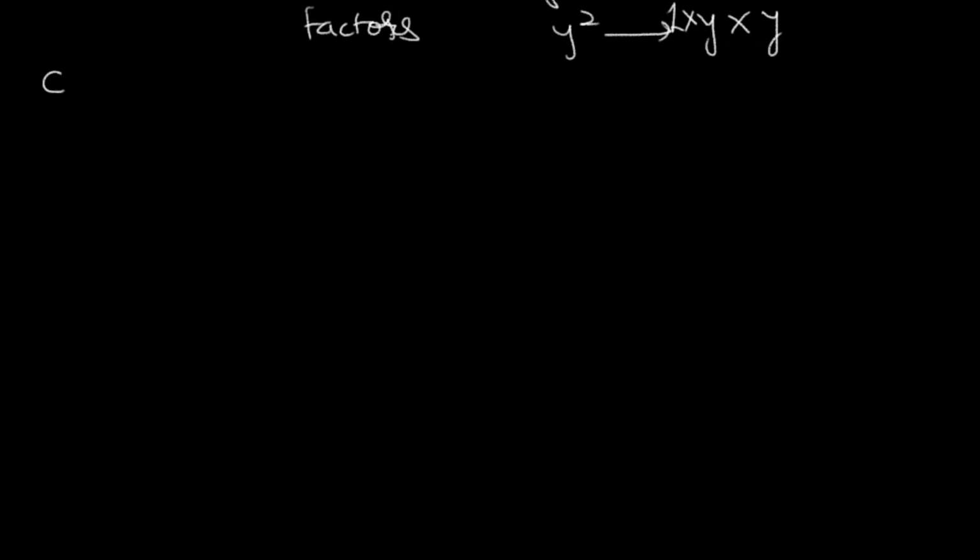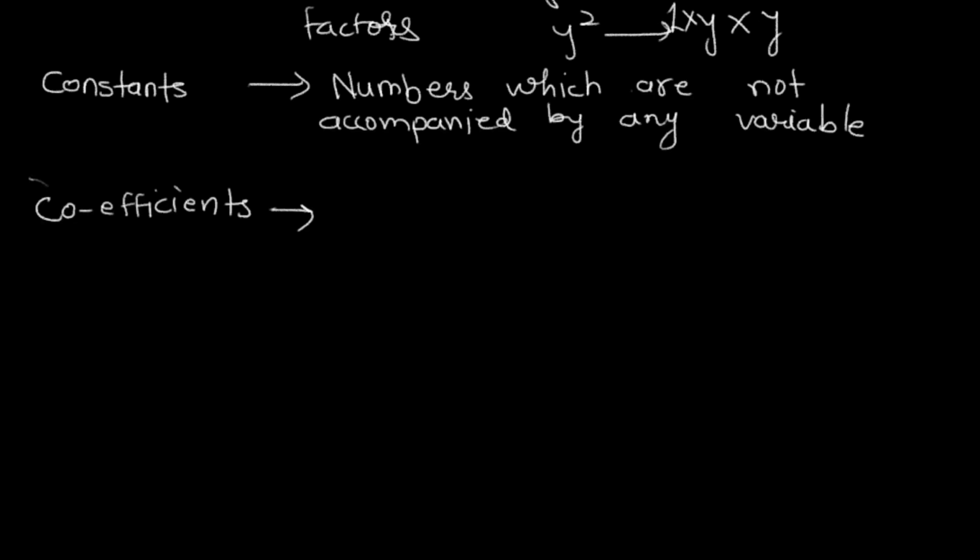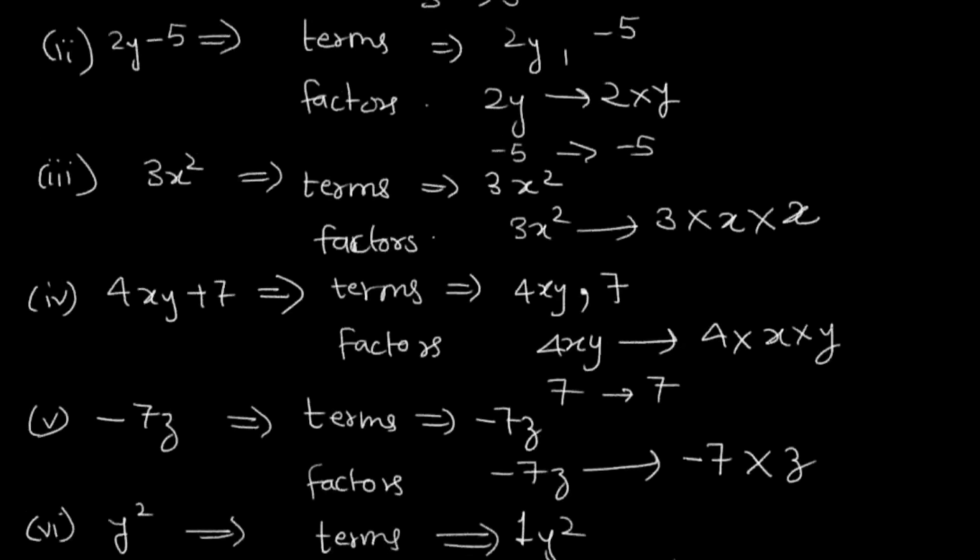Now this discussion takes us to a few definitions. I just said something like constant. I said constants are taken as they are given, and then we come to the discussion of coefficients. A constant in an algebraic expression means numbers which are not accompanied by any variable. In the above examples we can identify constants.